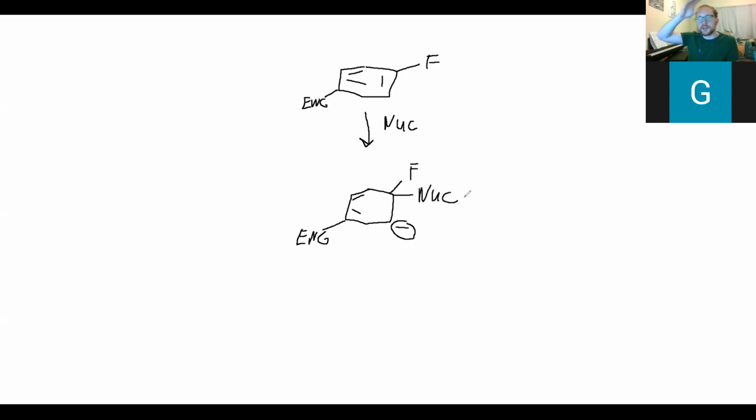And we've been kind of careless with the way we've talked about this in the class, and perhaps a better word for this is, instead of better leaving group than chloride, a better electrophile than chloride or bromide or iodide. Because there's two steps here, we form the Meisenheimer complex, and then we eject our leaving group.